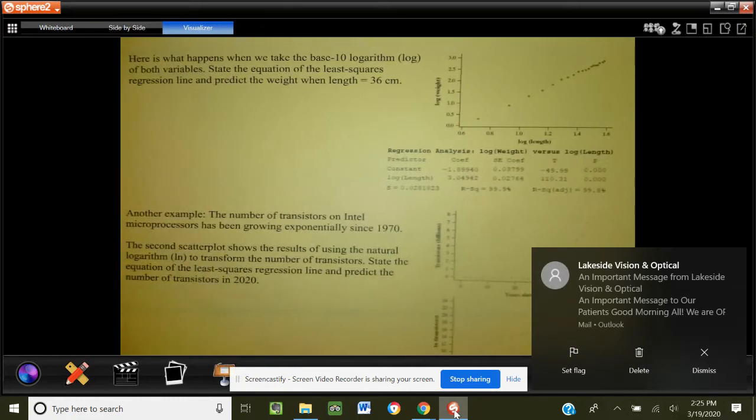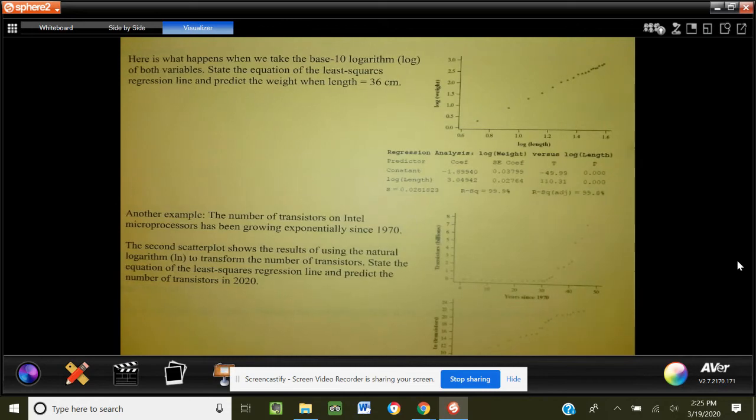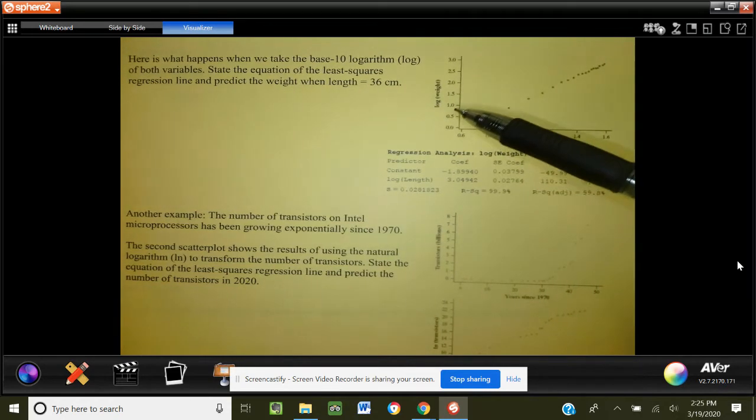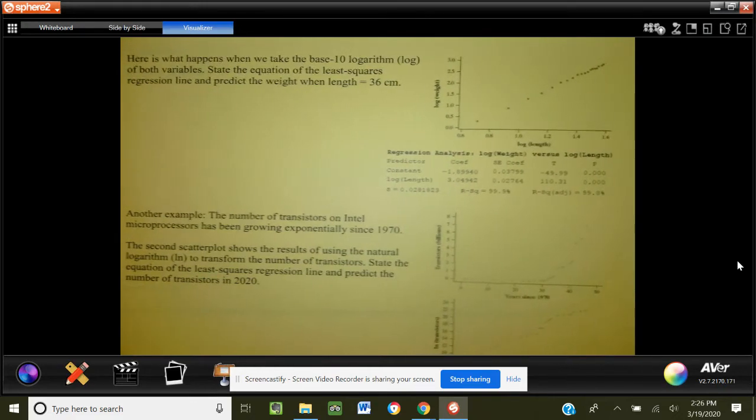So look at what we've done here. Okay. Here we are graphing log base 10 of length versus log base 10 of weight. Okay, so log of x versus log of y. Okay, all right.